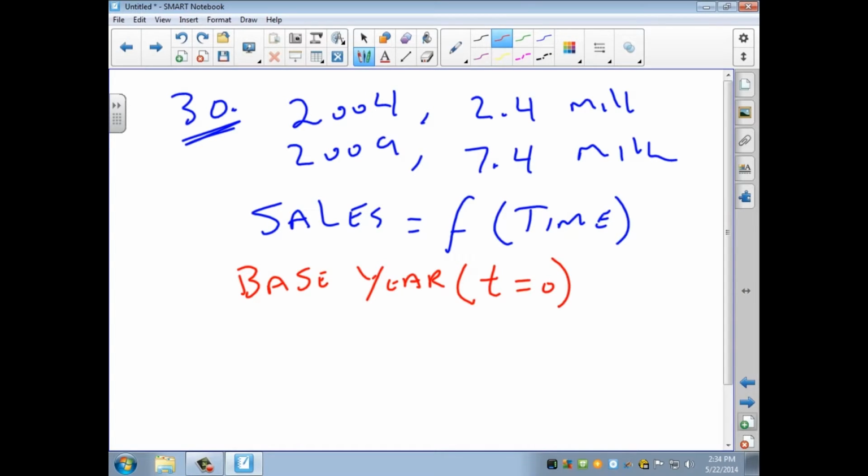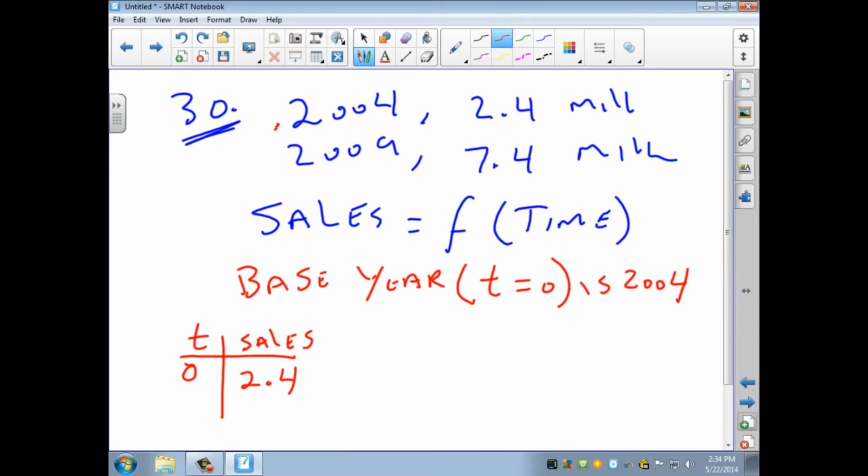The base year is 2004. So instead of saying 2004 sales is equal to 2.4 million, you're saying when t is equal to 0, sales is equal to 2.4 million.